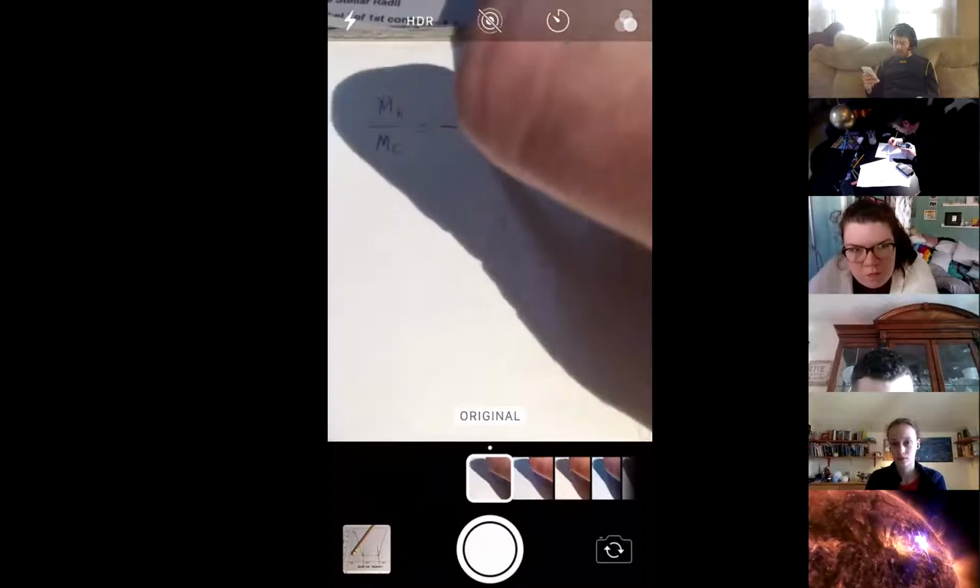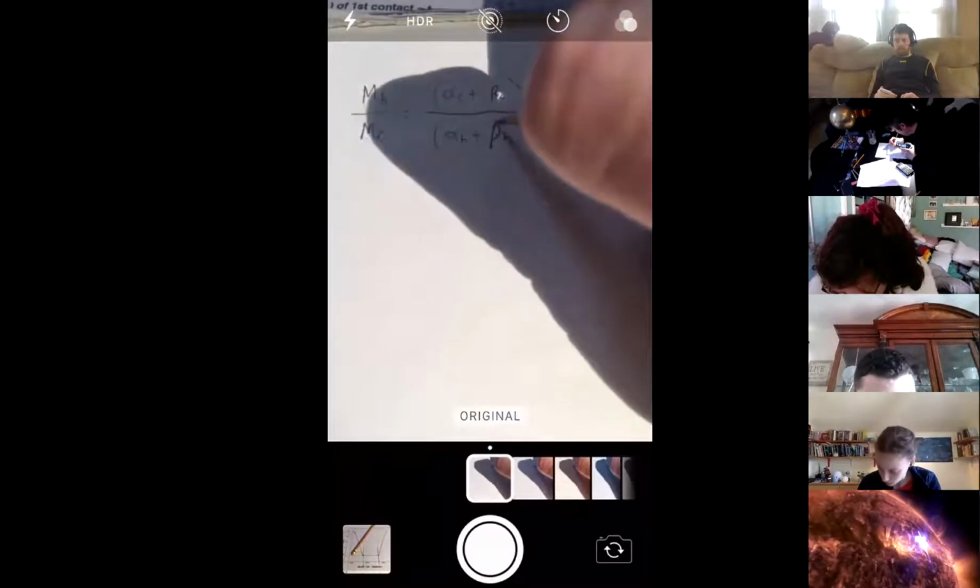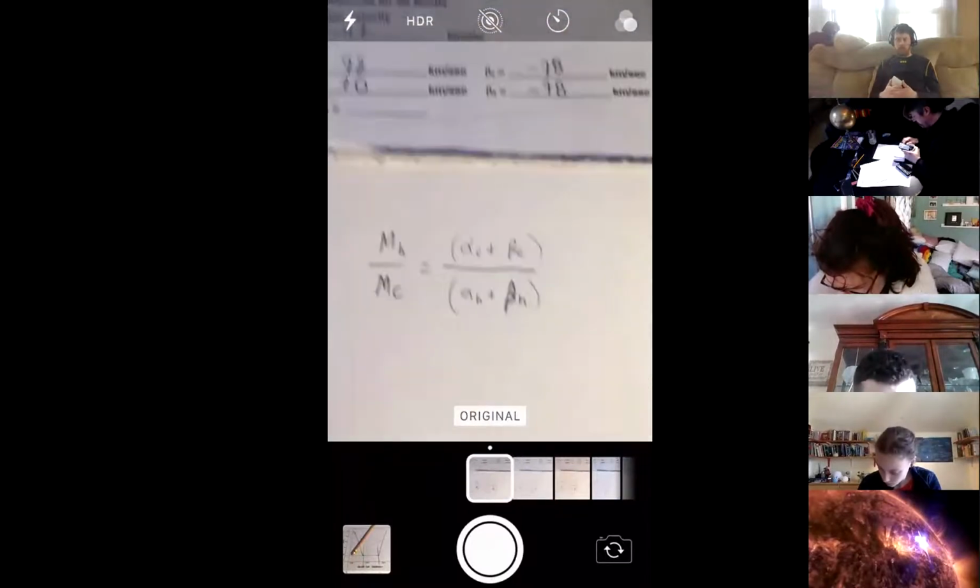Okay, so the ratio of the hot mass to the cold mass is alpha cold plus beta cold over alpha hot plus beta hot, in parentheses, okay? So our values are here, just above, so we'll plug them in.